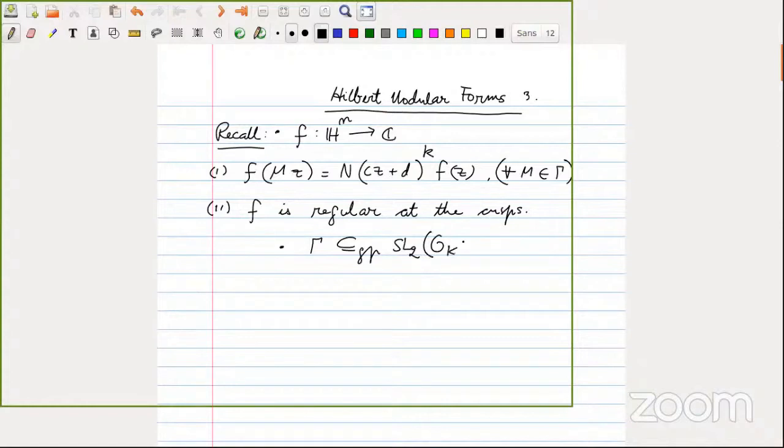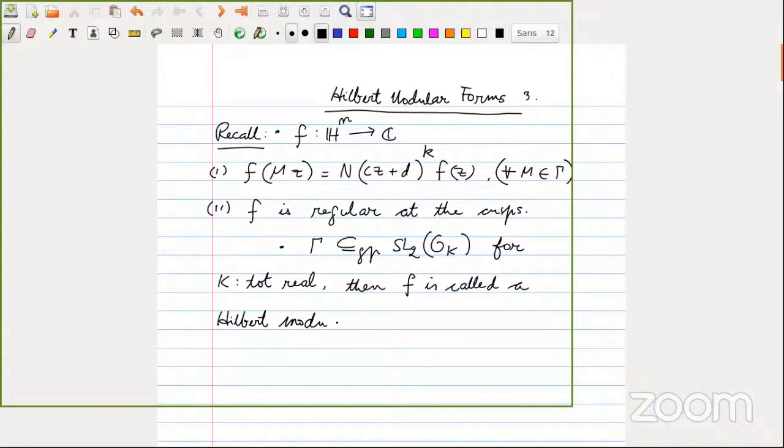SL2 of OK for K totally real, then we call f a Hilbert modular form.